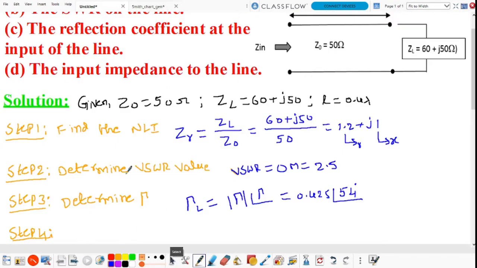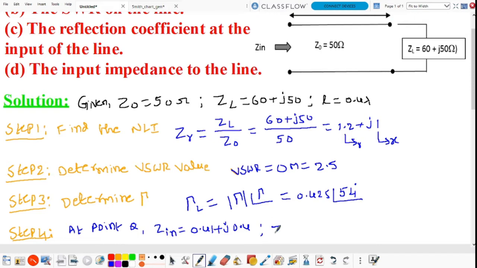So from the Smith chart, at point B, the normalized input impedance Z in is equal to 0.41 plus j 0.4. Next, calculate the input impedance.